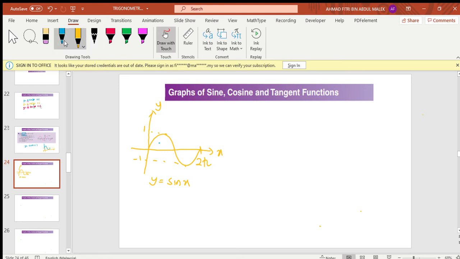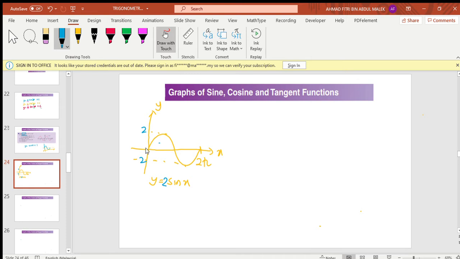I already said to you 1 here, not 0. This 1 refers to the amplitude. If we change the value to 2, the amplitude will become 2, just like I showed you with GeoGebra.